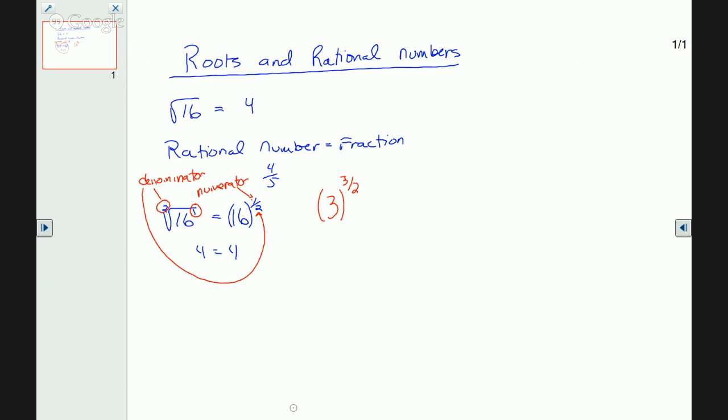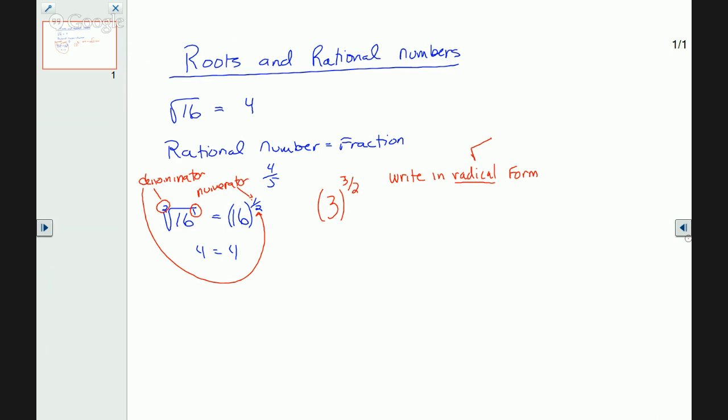There are lots of questions that can surround these. One is, write this in root form. Okay, a radical form. So here's what the question would look like: write in radical. Does that word look familiar? Yeah.